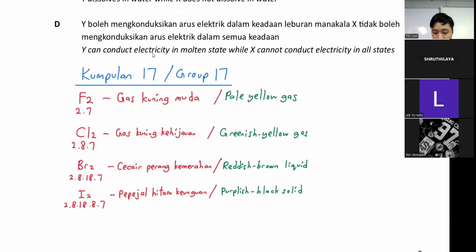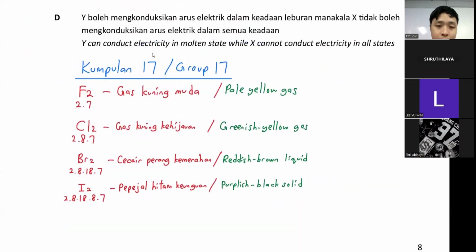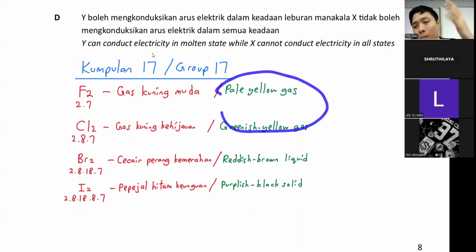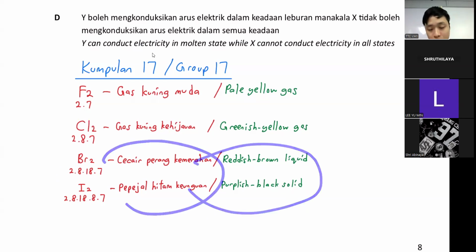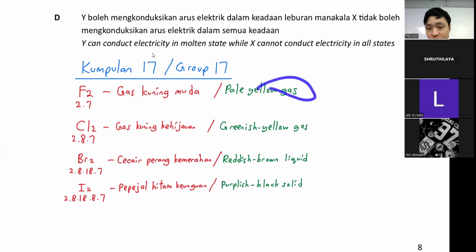Okay, so here we talk about group 17. You can see gas normally has a paler, brighter color. For the bottom ones, like the liquid and the solid, they have a darker color, like reddish brown, like purplish black. So X is most probably either fluorine or chlorine, and X has the brighter color.